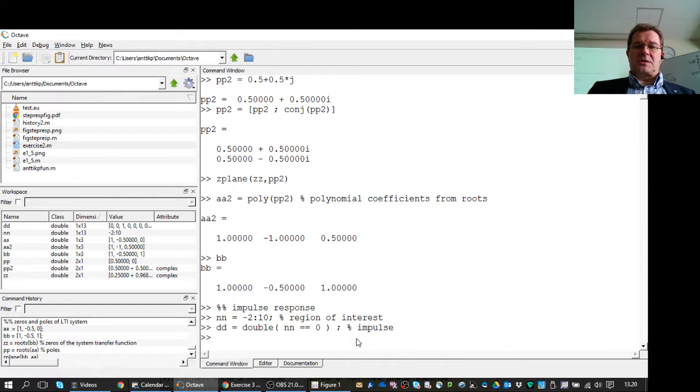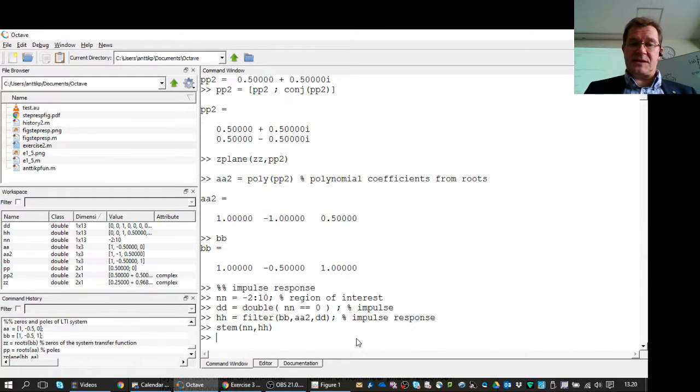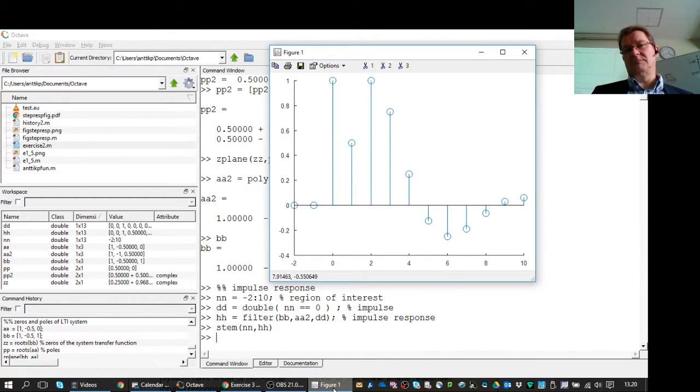So the impulse response, H, equals filter(BB, AA2, DD). And we can then stem plot that one like this. Obviously this is an IIR system.